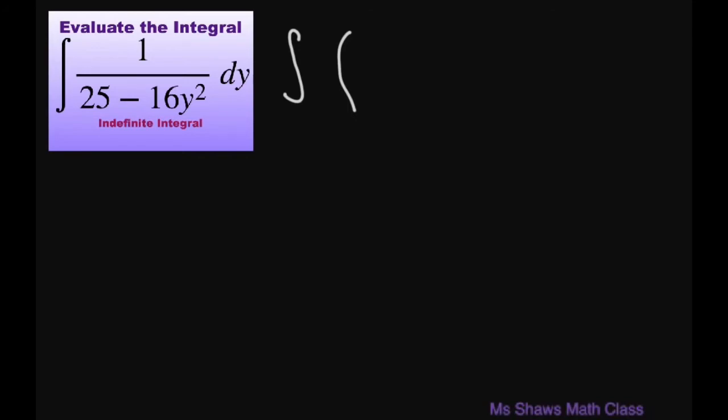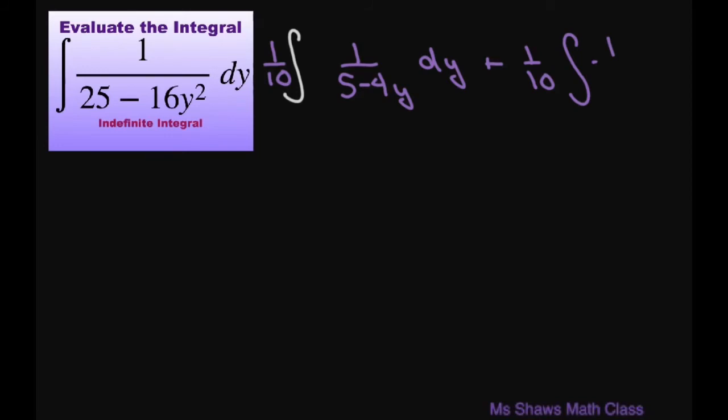I'm going to split it up a little bit, pulling out the 1/10 here. And then we have 1 divided by 5 minus 4y dy plus 1/10, pulling out the 1/10, of 1 divided by 5 plus 4y dy.